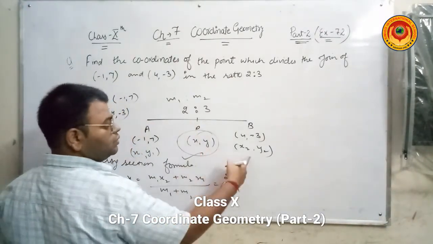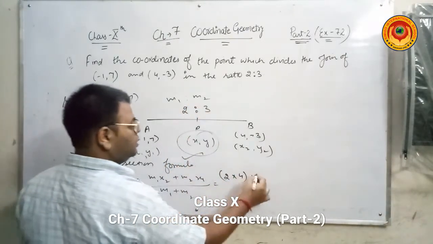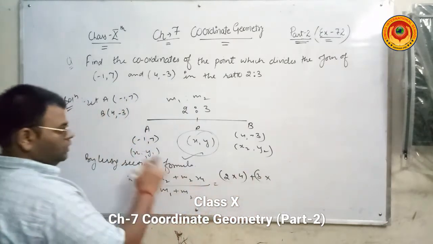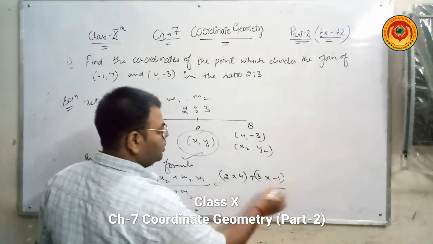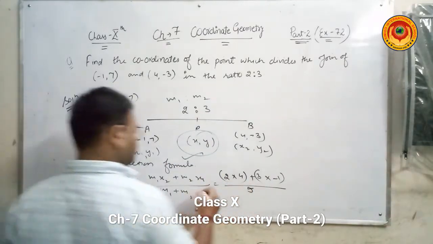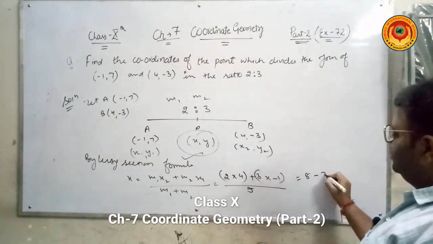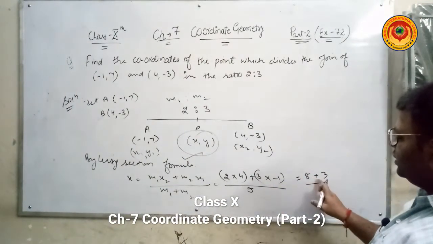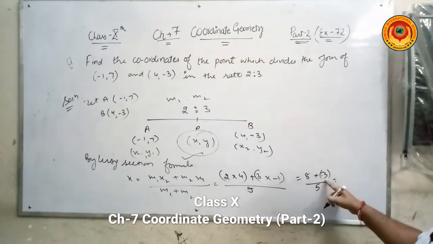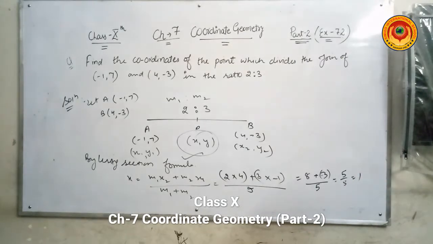What is your x2? 4, plus m2, which is 3, times x1, which is -1, over m1 plus m2, that is 2 plus 3, 5. What does it become? 2 fours are 8, 3 times -1 is -3. So 8 minus 3 is 5, 5 upon 5, your answer is 1. So this is your x.